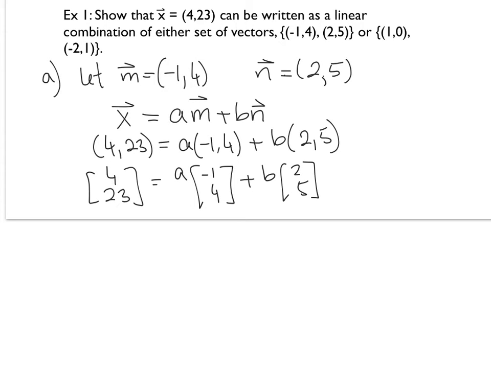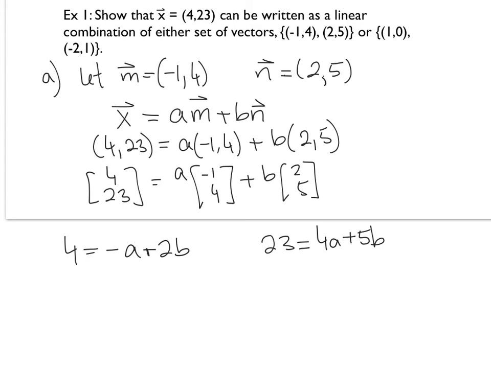Now what I want to do is split them up so we have a linear system of equations. So 4 is equal to, in this case, negative a plus 2b. And then for your y values, you have 23 is equal to 4a plus 5b.